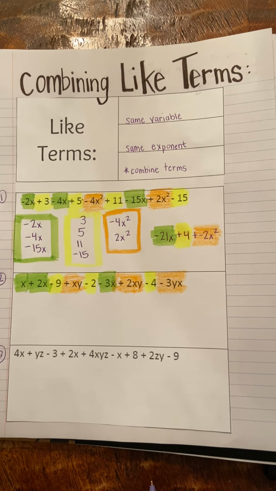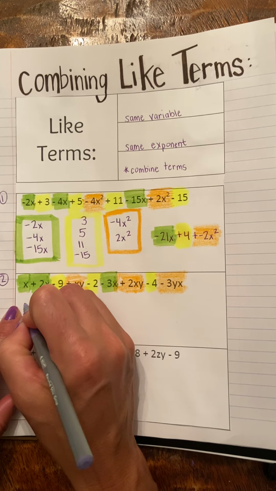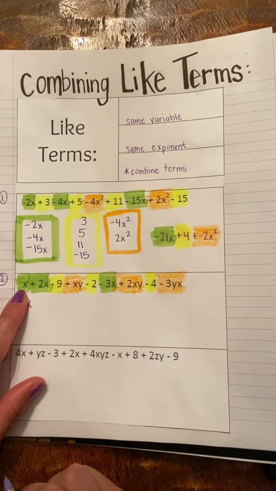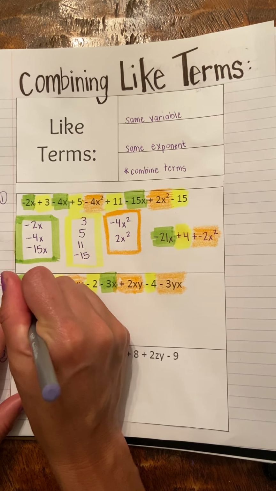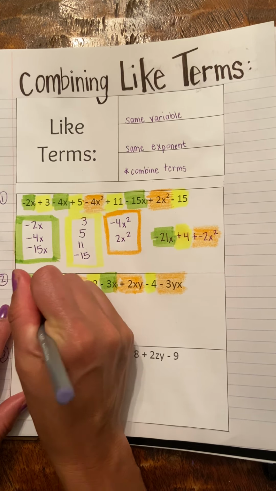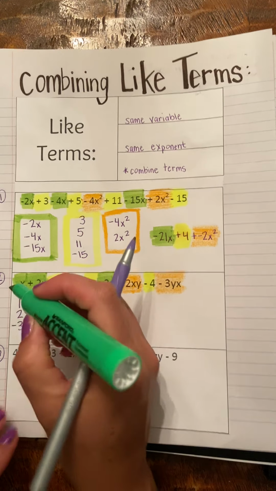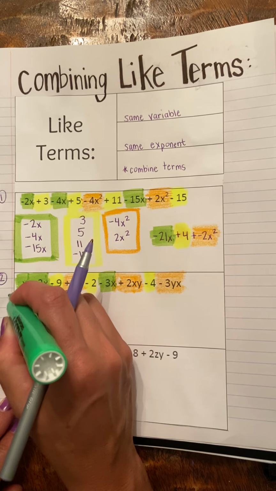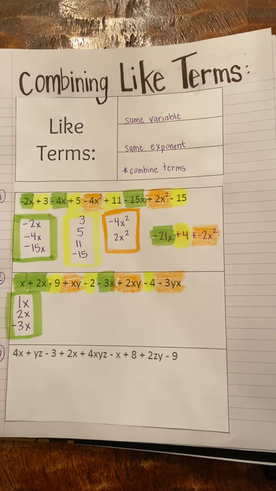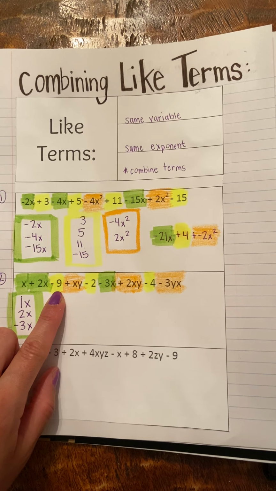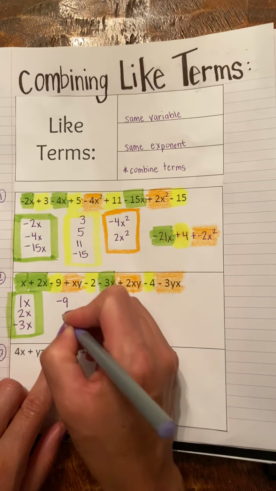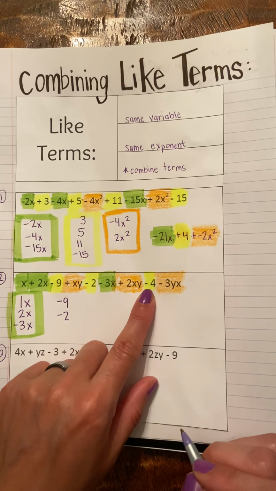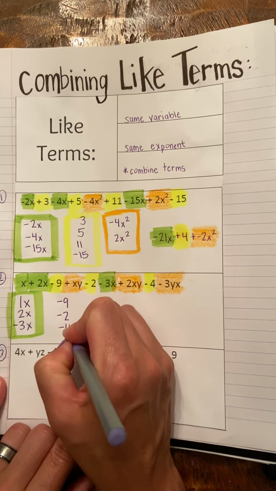Okay, time to get organized. We have x, and there's a secret 1 in front of that. So I'm just going to put a 1 to remind myself. 2x and negative 3x. And then my constants, that's a negative 9, a negative 2, and a negative 4.